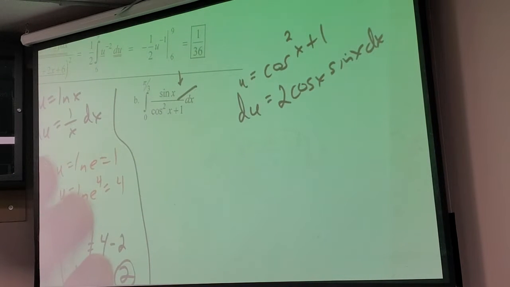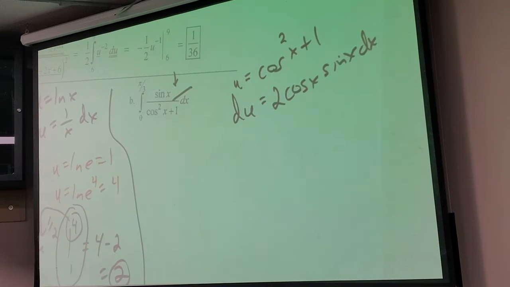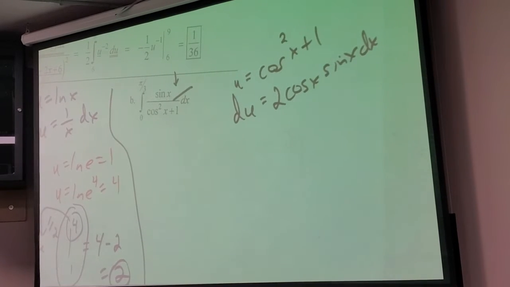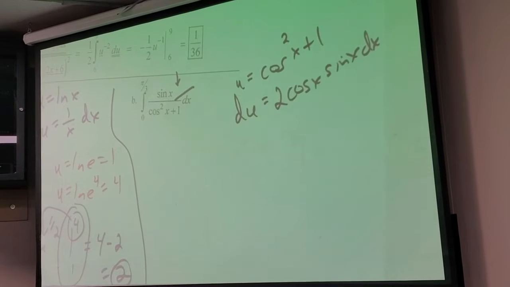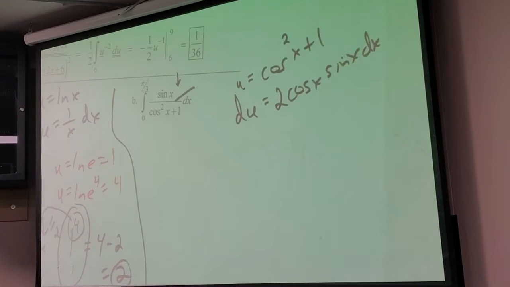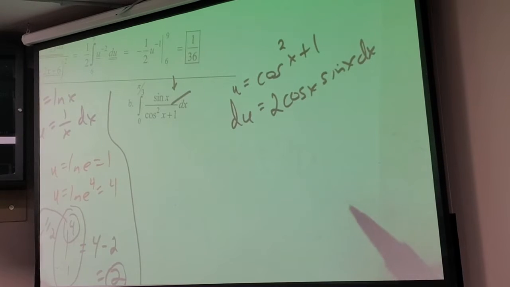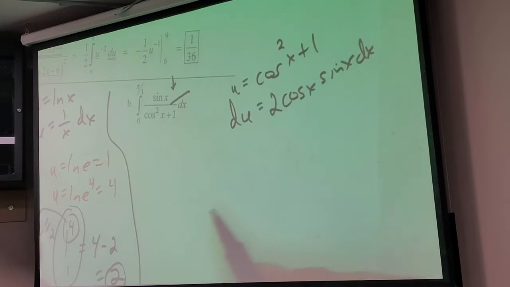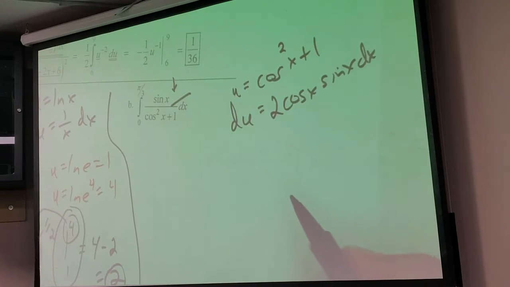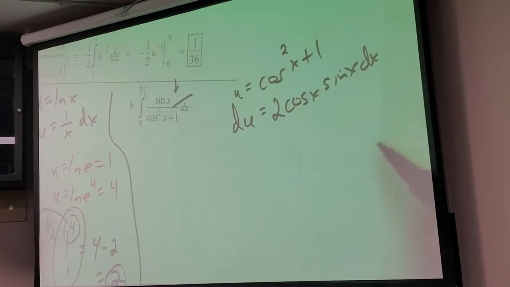Or I can try to, what's the other thing I could do? Try to see if there's a quicker way to do. No, not that I can see. I don't see a quicker way to do this.